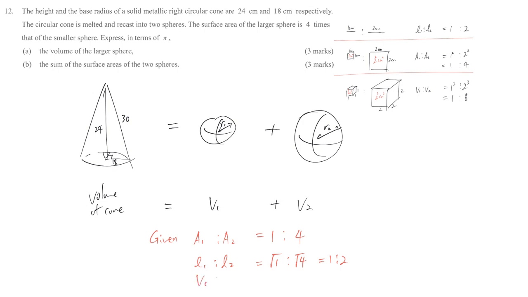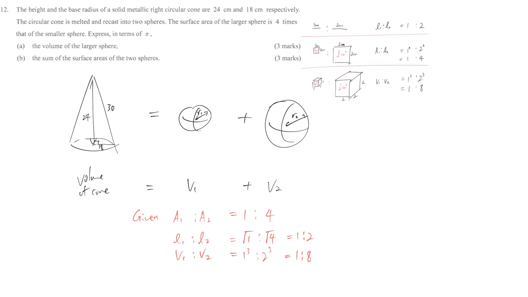Similar reason, V1 to V2. Then we just take cube. Then we can get V1 to V2. From the L1, L2, we know that the volume ratio should be 1 cube to 2 cube, which is 1 to 8.